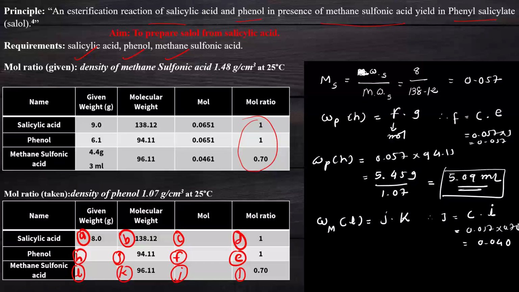When we multiply that with the molecular weight of methane sulfonic acid, we have 3.84 gram, and when we divide by the density, we have 2.5 ml of methane sulfonic acid. So the two amounts we have to take are methane sulfonic acid, 2.5 ml, and phenol, 5.09 ml. When we mix the three together, we get our compound called Salol, or phenyl salicylate.